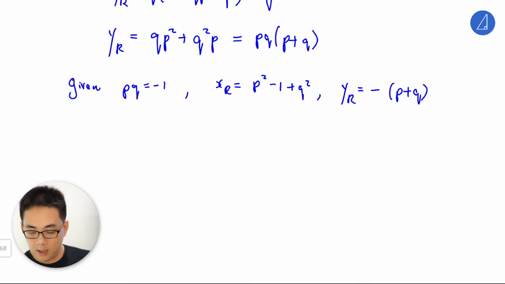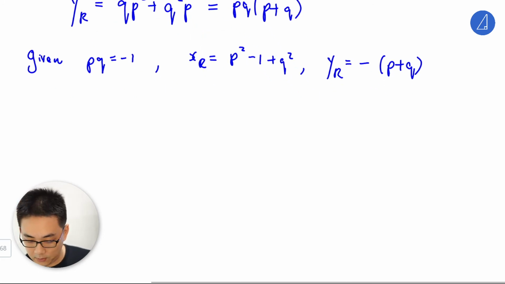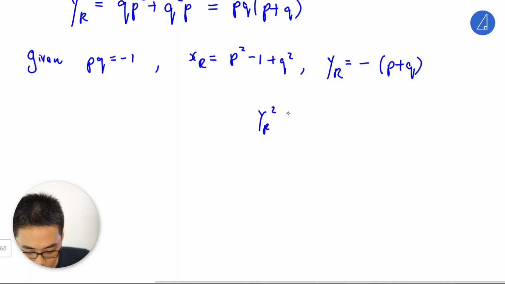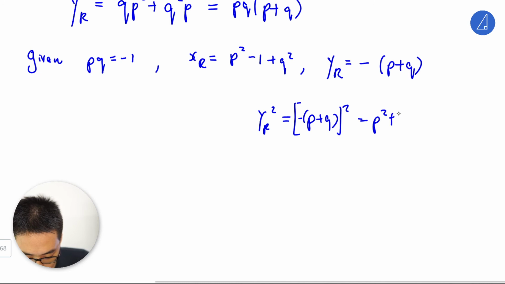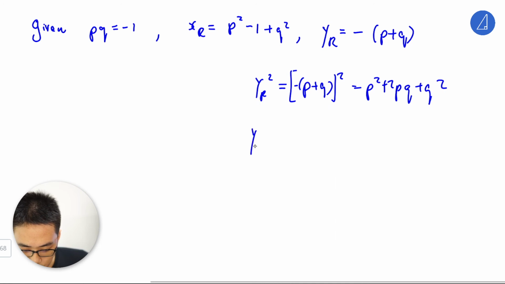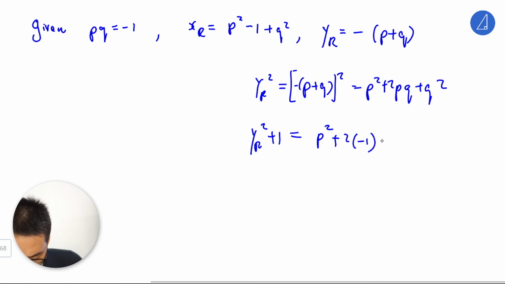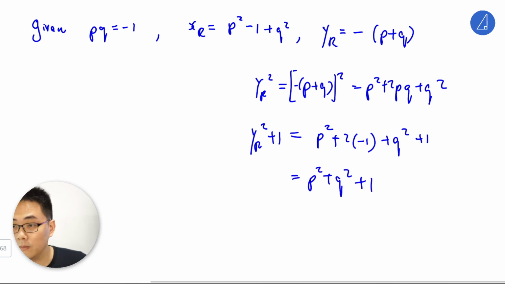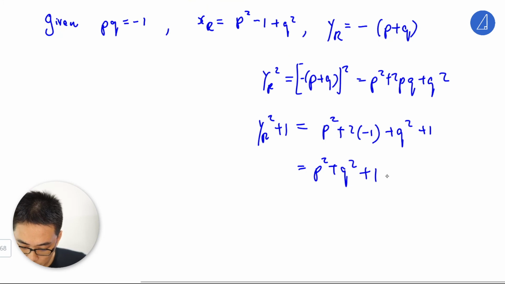Since you just need to square and plus 1, so YR square, P square plus 2PQ, Q square equals to... is it +1 or -1?